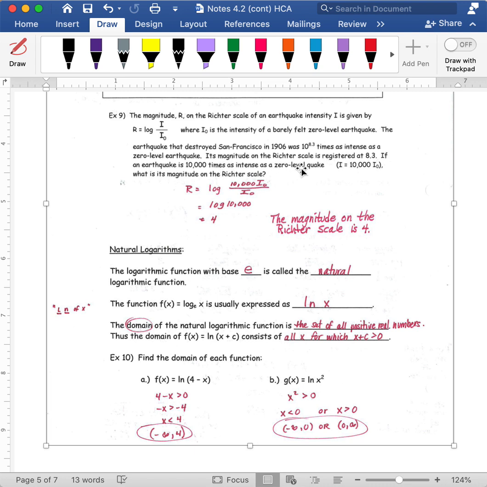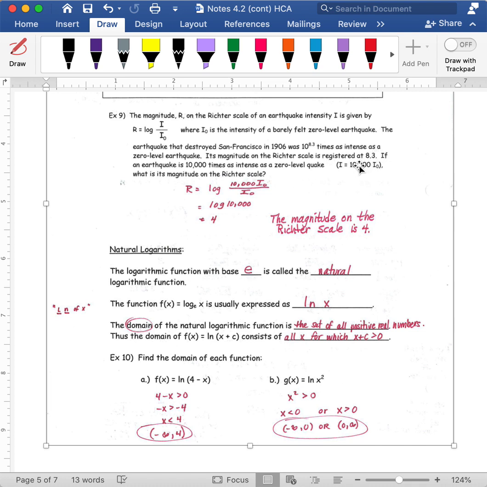Its magnitude on the Richter scale is registered at 8.3. If an earthquake is 10,000 times as intense as a zero level quake, right here, it's telling me that I equals this expression right here, 10,000 times I sub 0. What is the magnitude on the Richter scale?